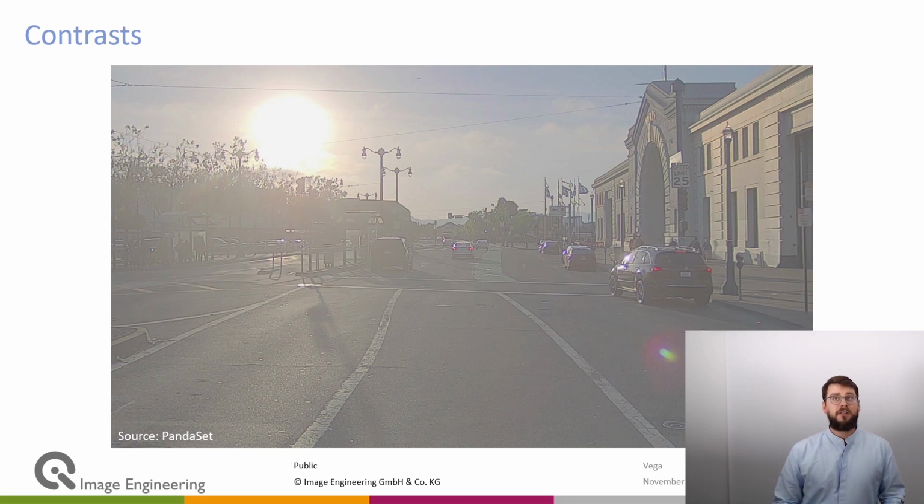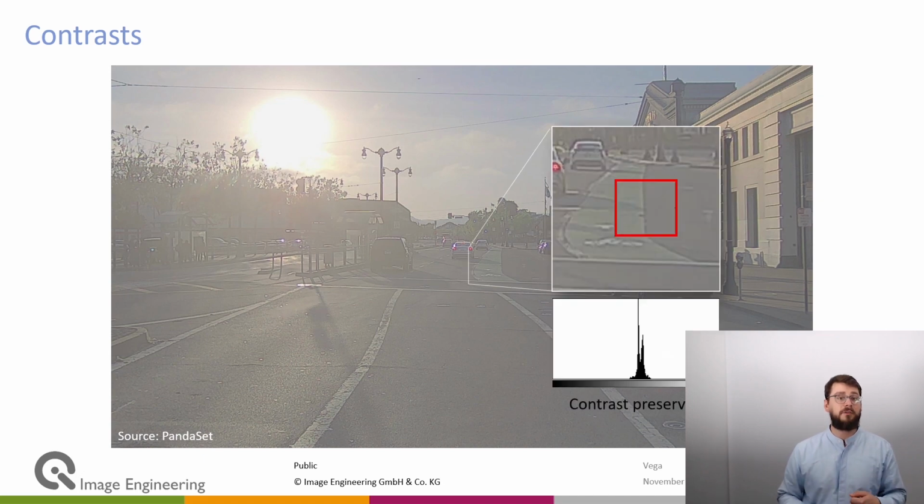Usually when transferring contrasts from the scene to a camera, the contrast is not transferred to the same extent. As you can see here, for example, some contrast from the scene is lost in the imaging system, but it is still preserved enough so we can detect the cycling lane.